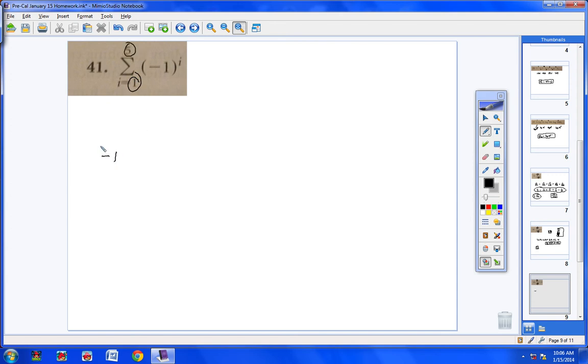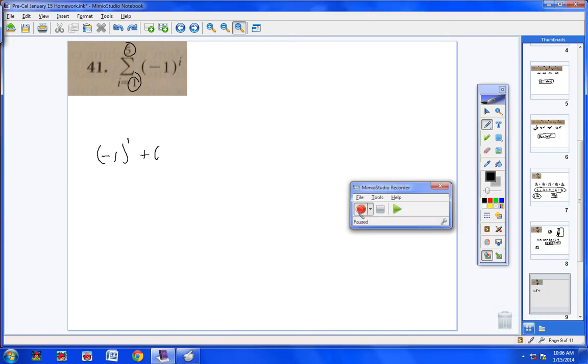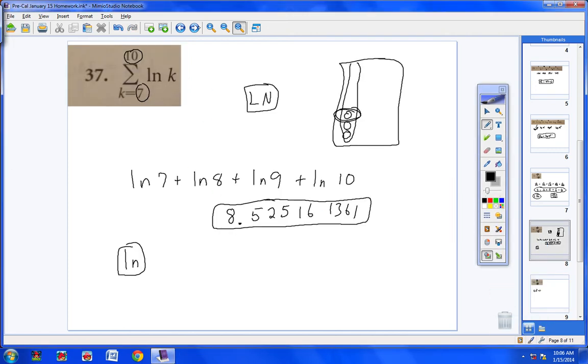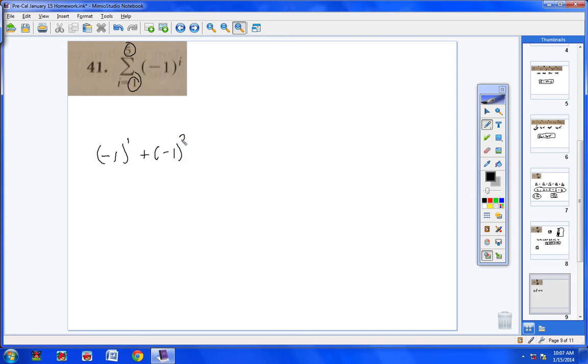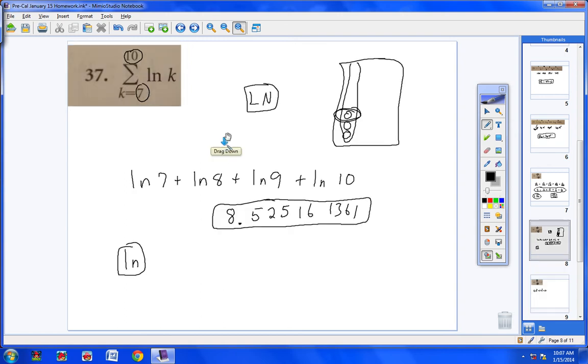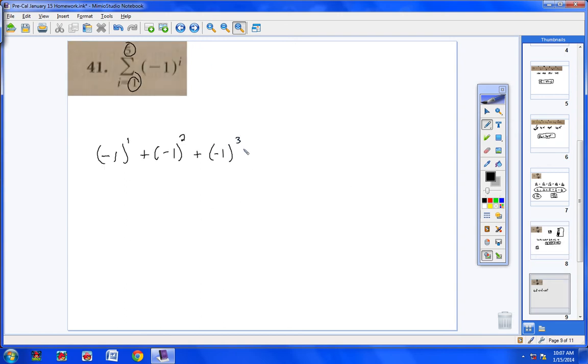So I have -1 to the I power, so I put a 1, plus -1 to the I power, so I would put a 2, plus -1 to the I power, that would be a 3, plus -1 to the I power, so I'd put a 4, and then plus -1 to the I power, that'd be a 5. My Mimeo pad is freezing up and doing some weird things here, folks, so please bear with me.